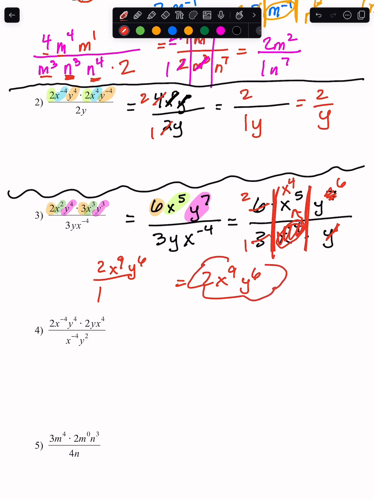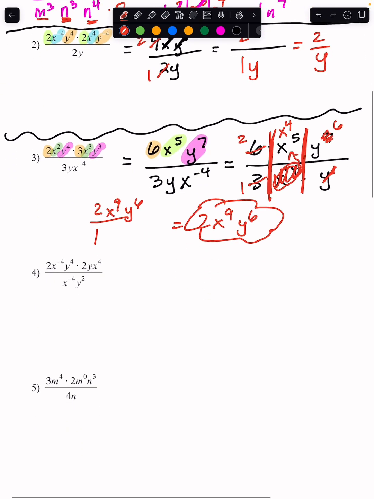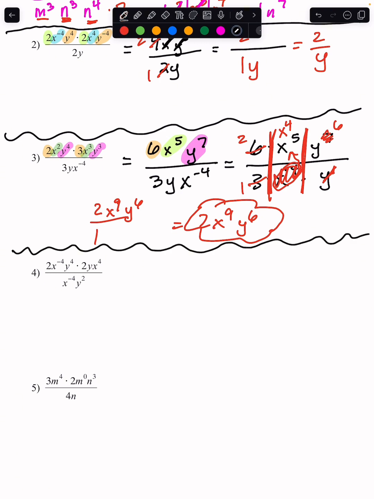All right, next one. Okay, so here we go. Next one. 2 times 2 is 4. X to the negative 4, x to the positive 4. When you add those, you get x to the 0.